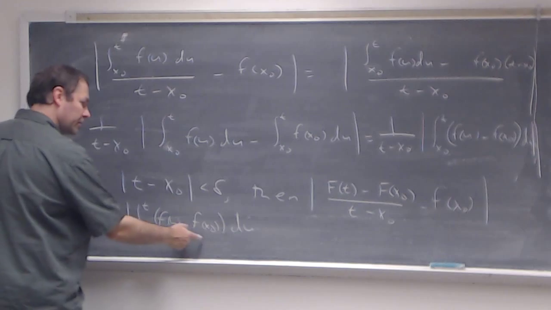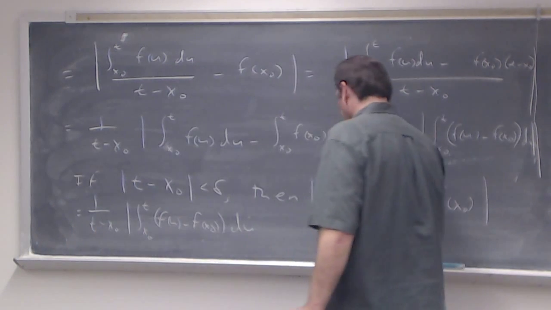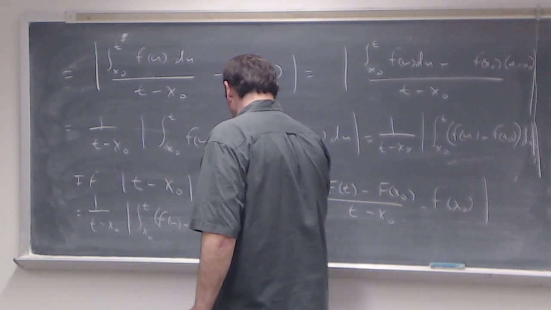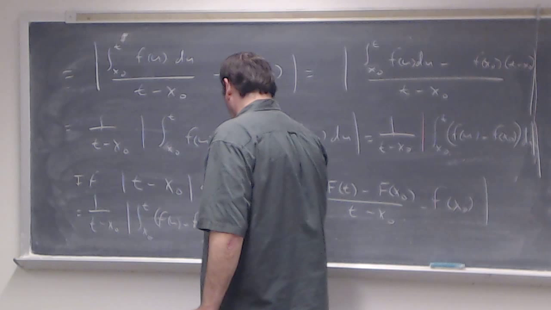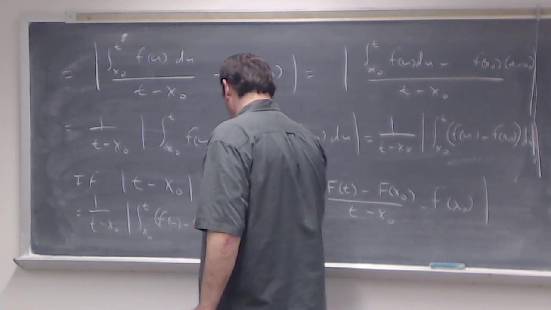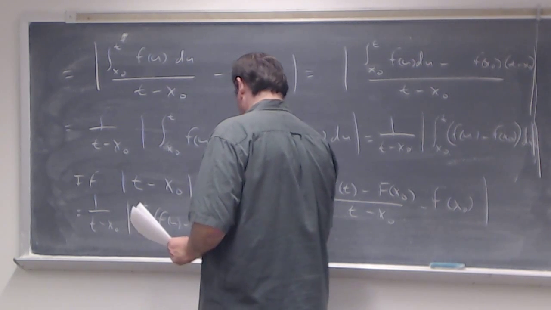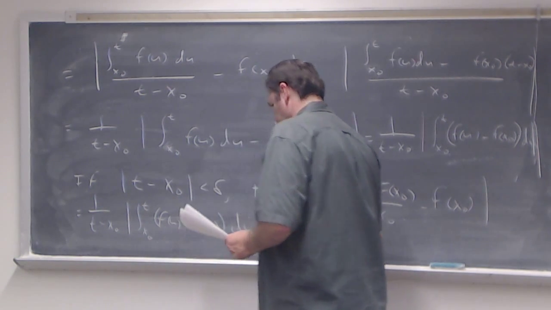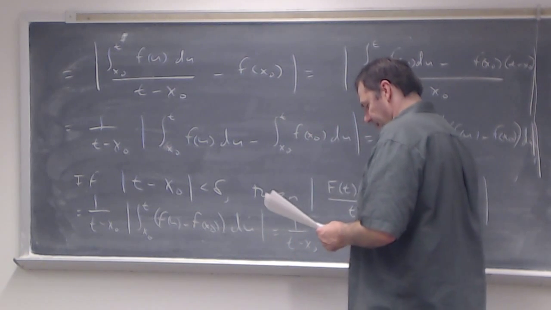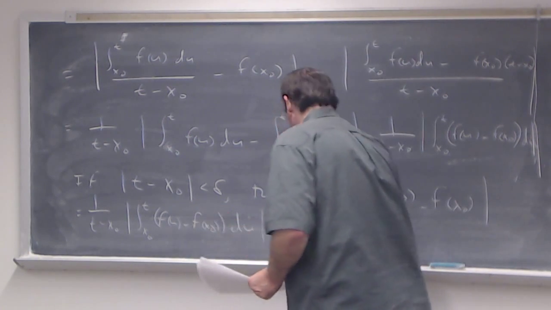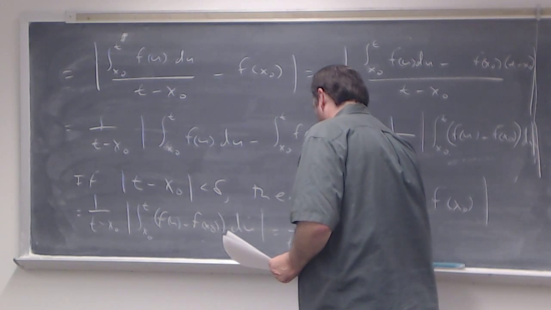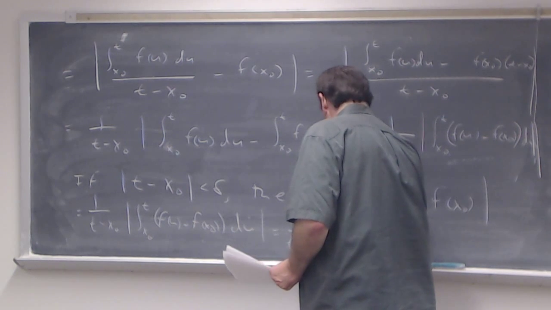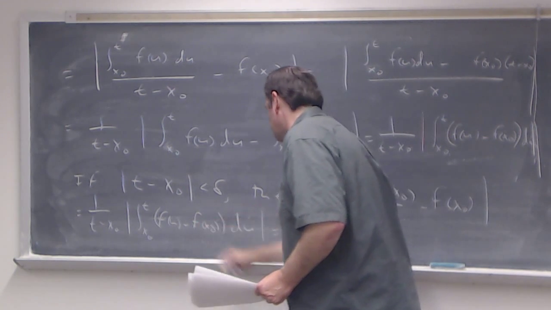But look, because of continuity at x naught, and if t is really close to x naught within delta, then the output values for f of u are going to be really close to f of x naught. So here I can substitute in epsilon for this part. It's the absolute value of the integral from x naught to t of this part right here.